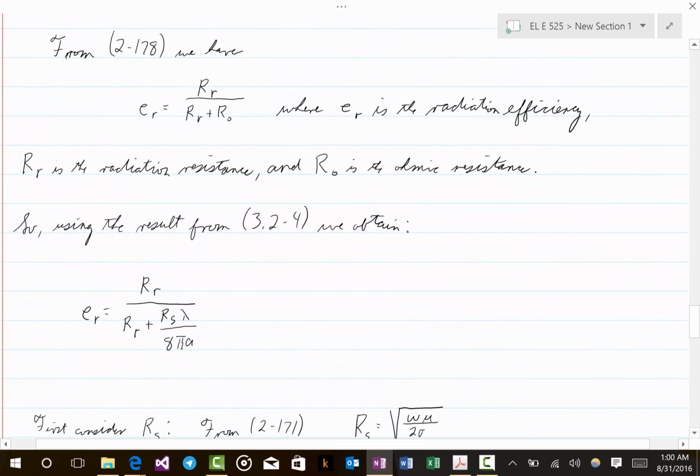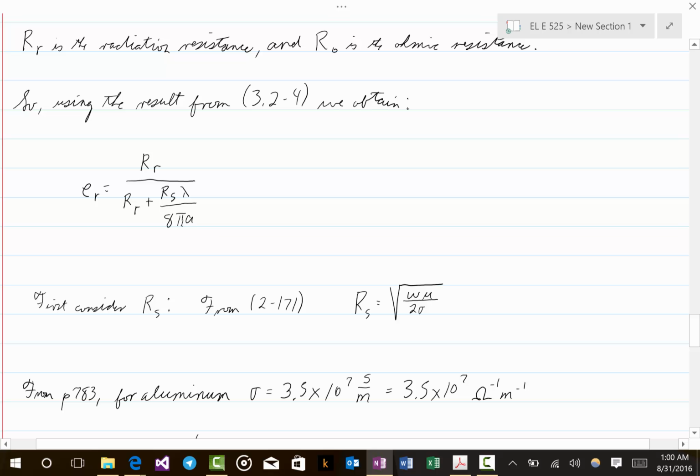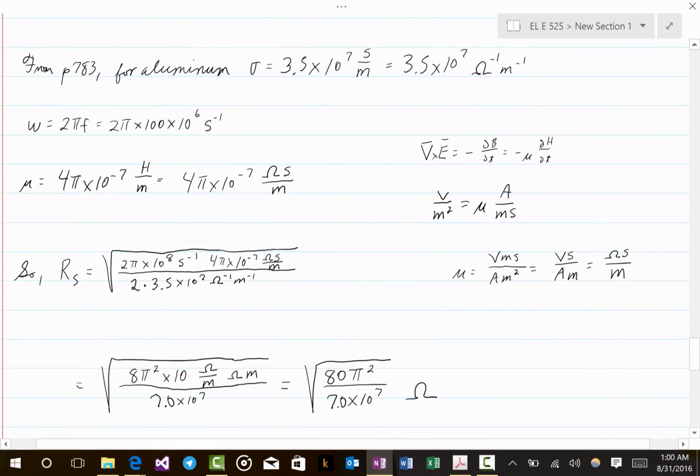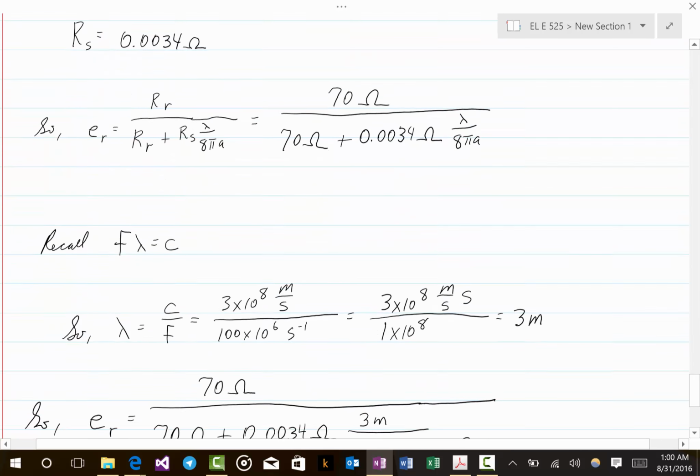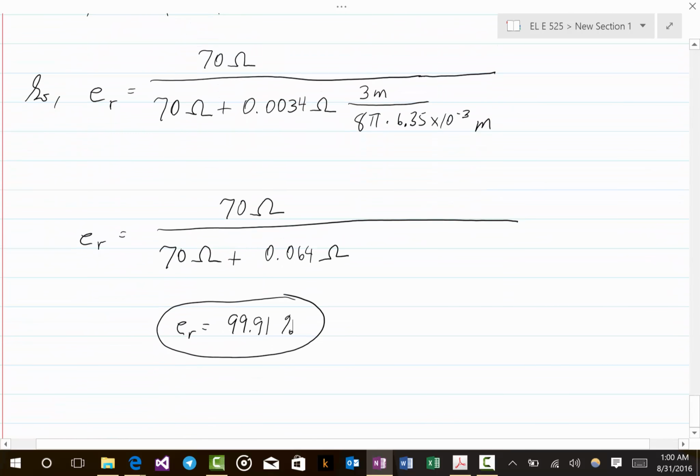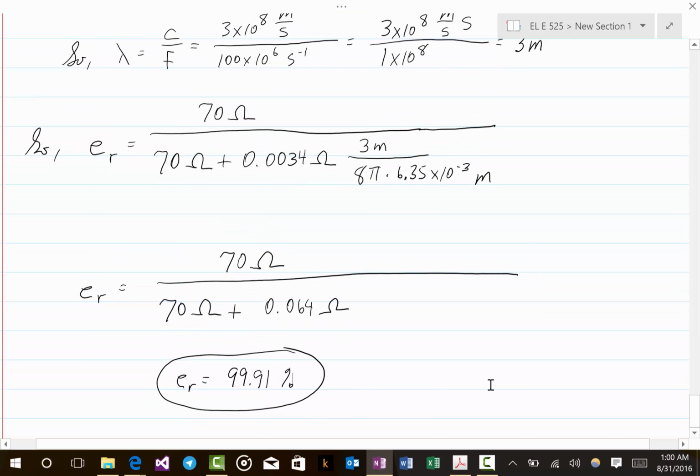And finally, we do note the high radiation efficiency we get for the half-wave dipole antenna. So that concludes lecture 4, and good luck.